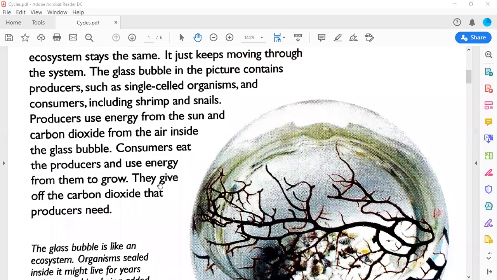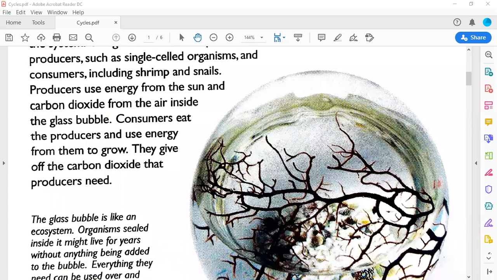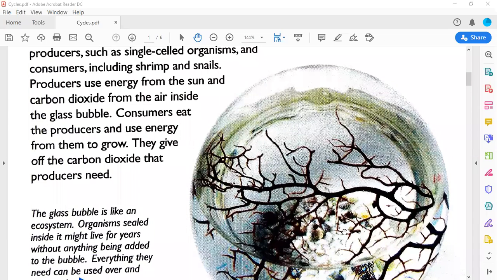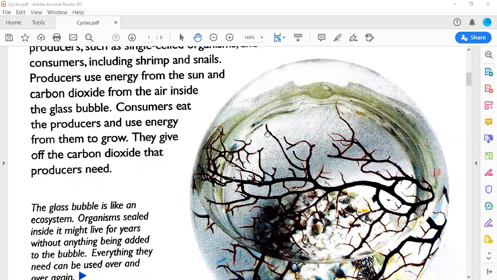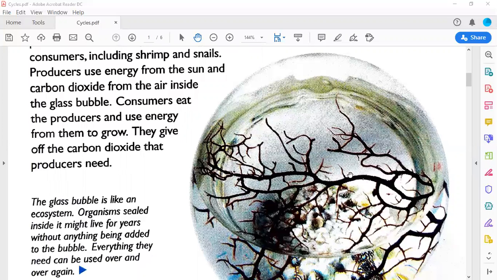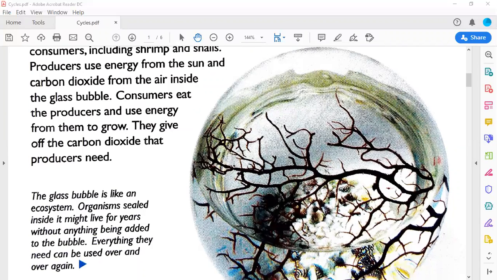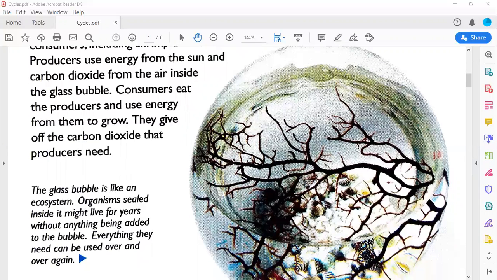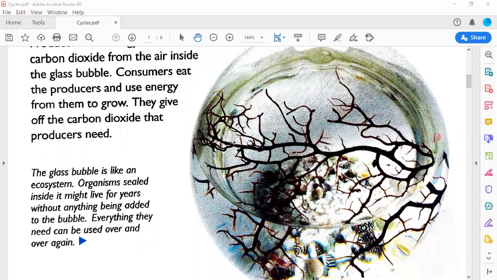Okay, no problem. So look at this glass bubble over here. It says that there are different organisms inside, like producers, and there are also consumers. And it says that the producers are using energy from the sun, and they are also using carbon dioxide from the air inside this glass bubble. Consumers are pretty much eating what the producers are producing, of course, so they can grow, and so they give off carbon dioxide that producers need. So it's like a cycle, right?